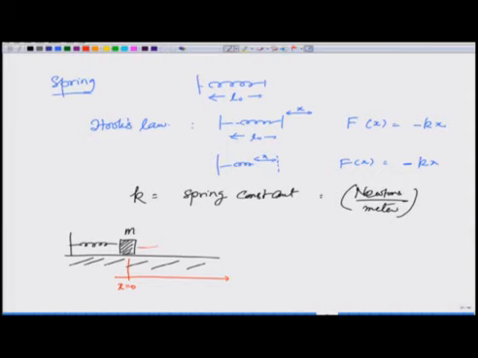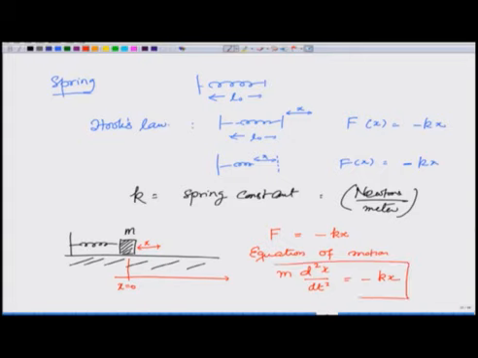If I displace this mass by x, then the force on the mass is minus kx, and the equation of motion is mass times the acceleration, m d2x by dt squared, is equal to minus kx. This is the equation of motion.